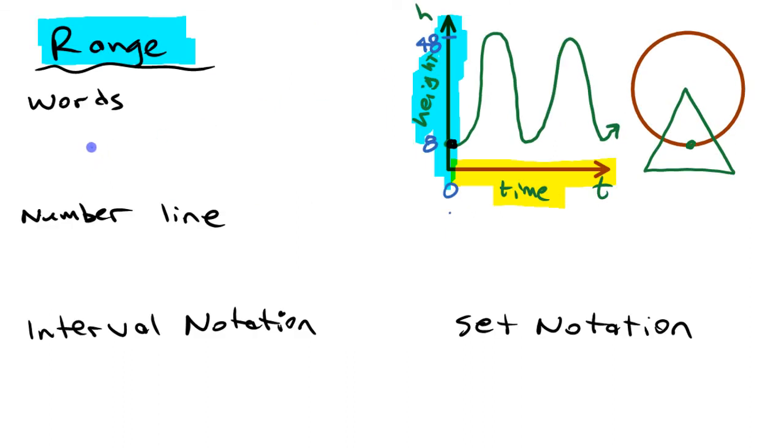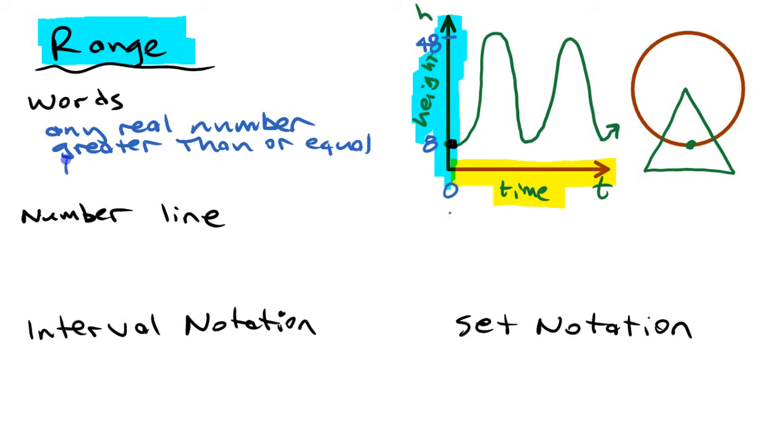Okay, so really quickly here, with words, there are two different ways you can say it. I'll write one of them. You can say any real number greater than or equal to 8, but less than or equal to 48.